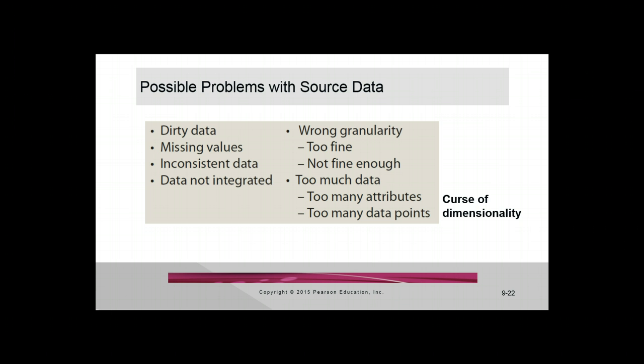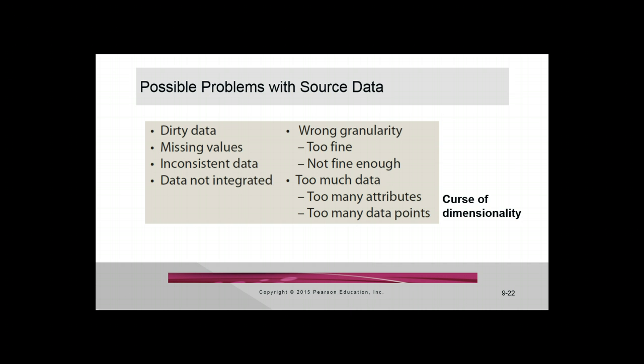Wrong granularity means how the data comes in. Too fine means it's too detailed to make a decision at the level you're at. For example, if I am trying to make a decision about a product line for Walmart for the Northeast region, and the data I have has every transaction that happened at every Walmart in the Northeast region, do you think that's very useful?